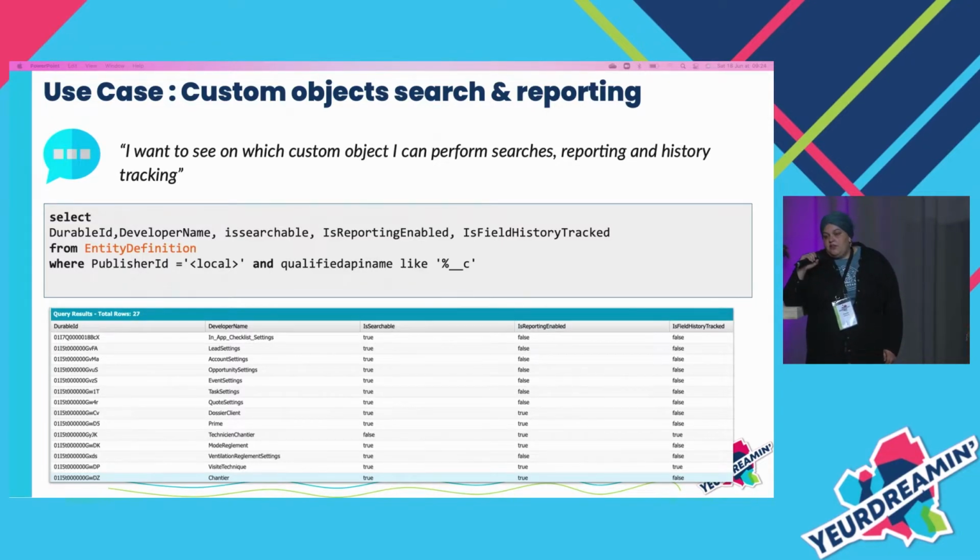And then the qualified name like __c, because we want to retrieve only the custom objects, excluding all the packaged objects, because for almost all of them you cannot add options at the object level, so it's not useful to keep them in the results.